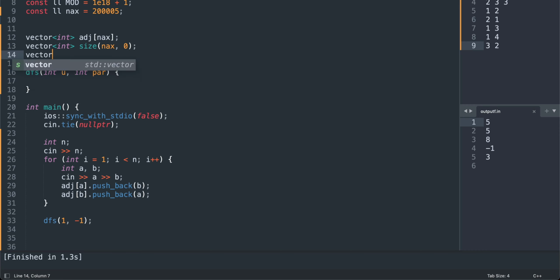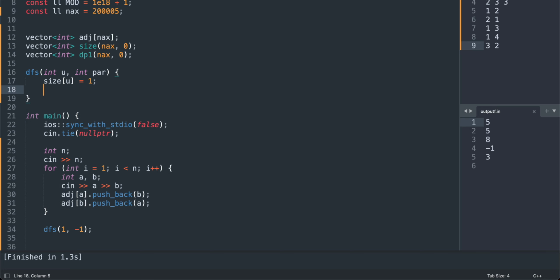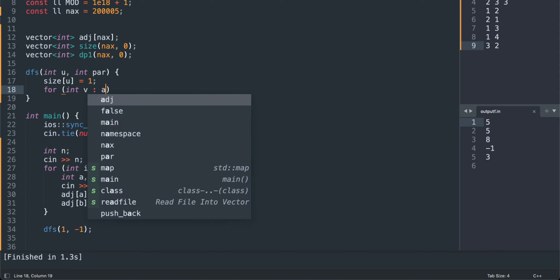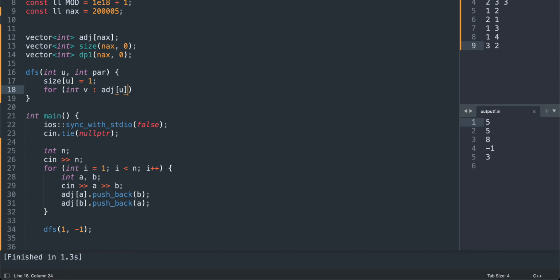So vector of int dp1. Okay, so we can say size of this node is 1, and go to all the adjacencies of u.